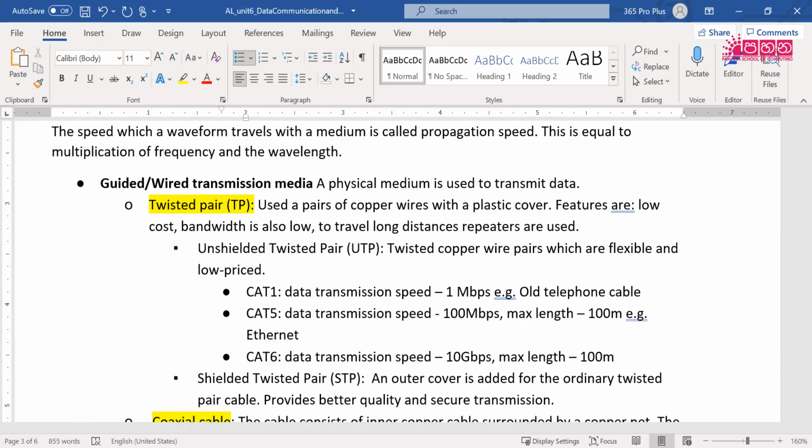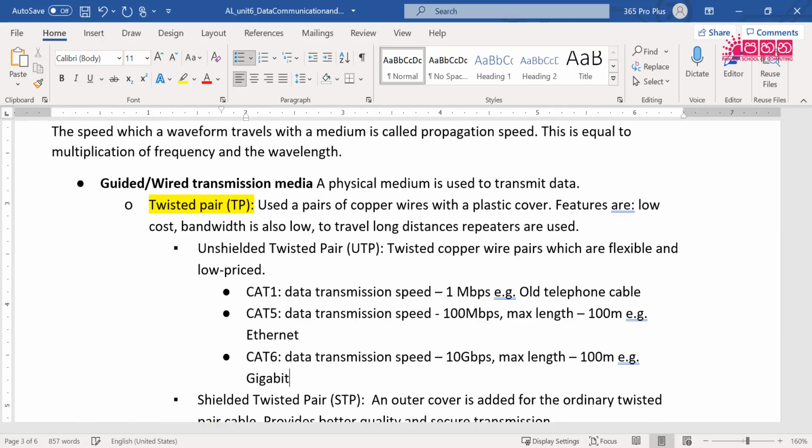Basically, you can have a LAN, local area network. So that is what we call Ethernet connections. But if you need the highest speed Ethernet, we call it gigabit Ethernet, then you use Cat6.